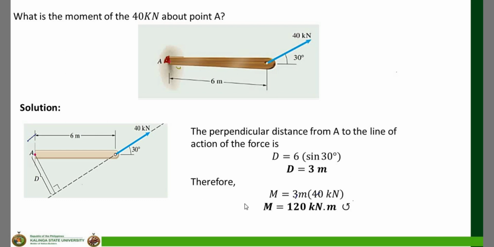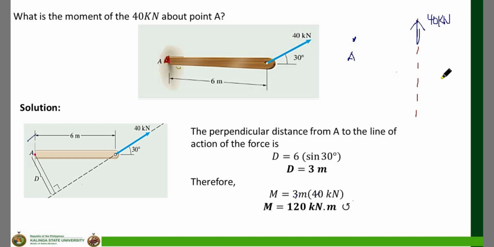As to the direction of your moment, let me change the orientation so we understand. Let's say here is point A, and here is the line of action of your force, the 40 kilonewtons.